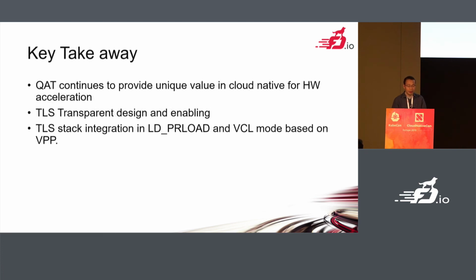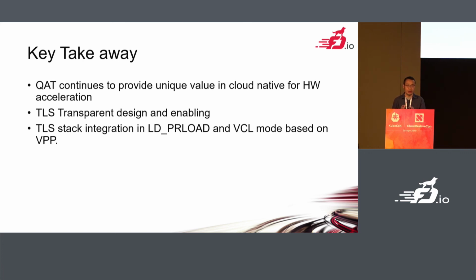The key takeaway is that QAT hardware continues to provide unique value in cloud native hardware acceleration, especially for TLS acceleration. And the VPP host stack provides a transparent TLS design so that it can hide the TLS inside the stack.